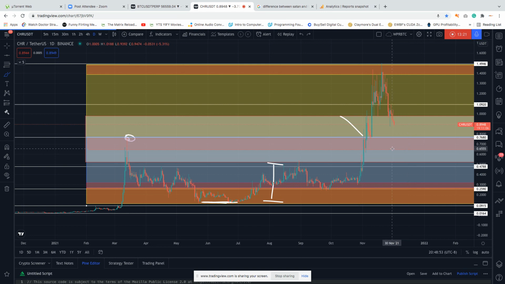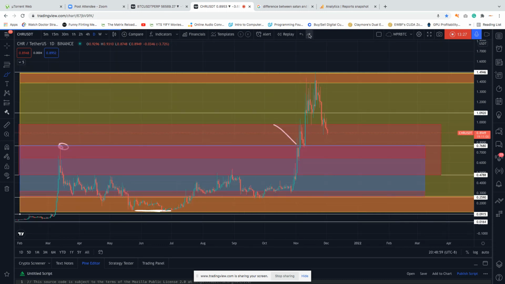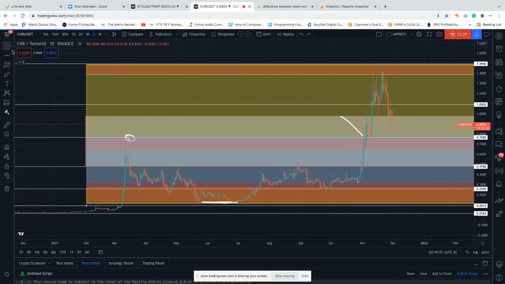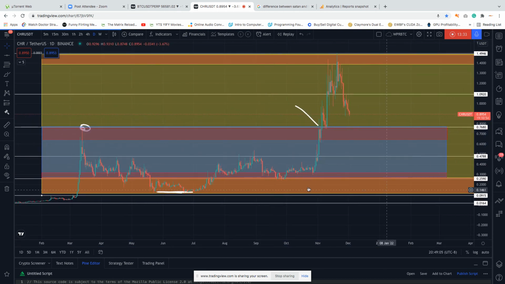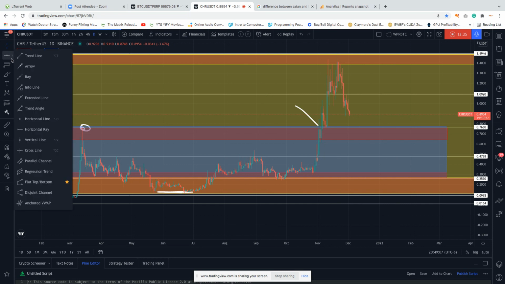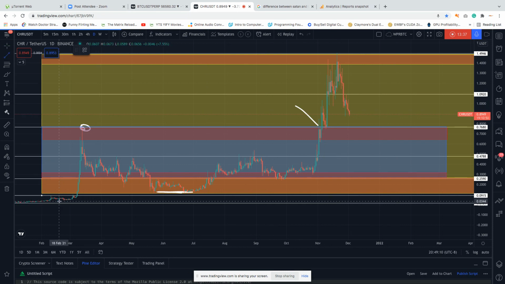So for me, what I intend doing on CHR is, now let's talk about the bias line, right? Let's talk about these buyers and sellers in terms of line, right? So let's take this box out. So these buyers and sellers, if I'm to draw the trend line they are respecting so far, I think I should start it.